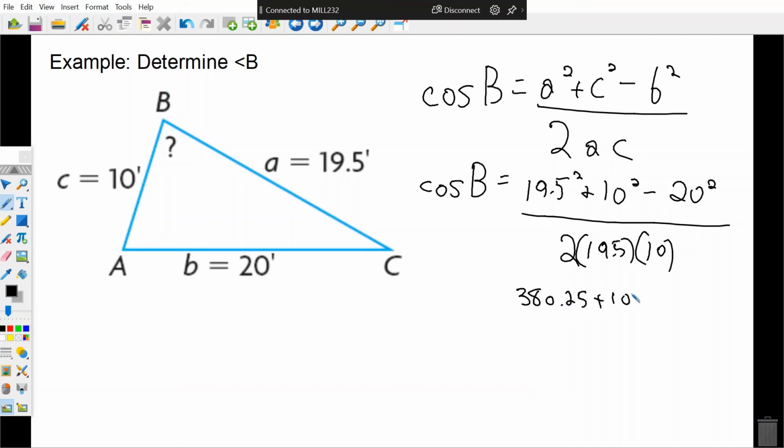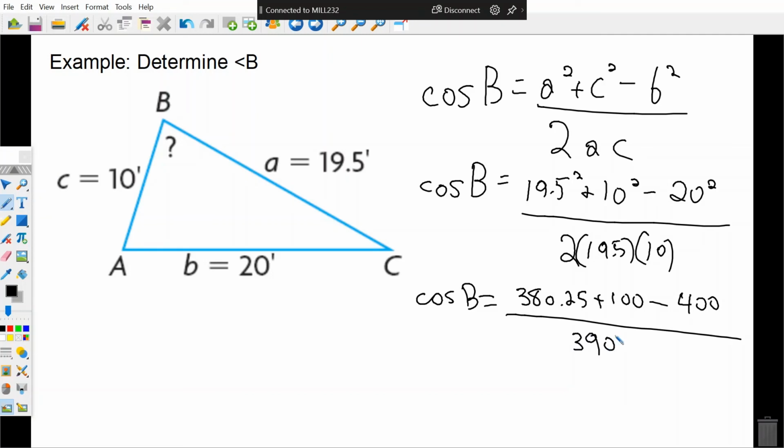It's 100 minus 20 squared, which is 400. Two times 19.5 times 10, 390.